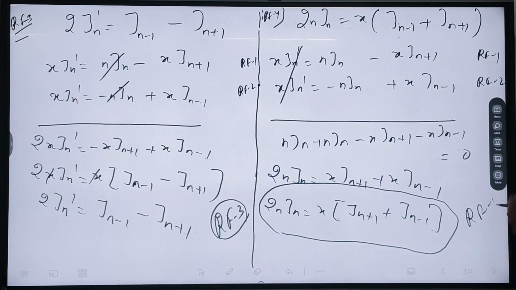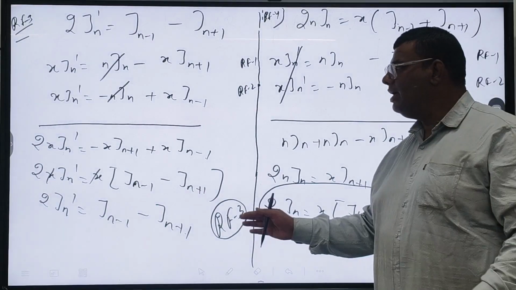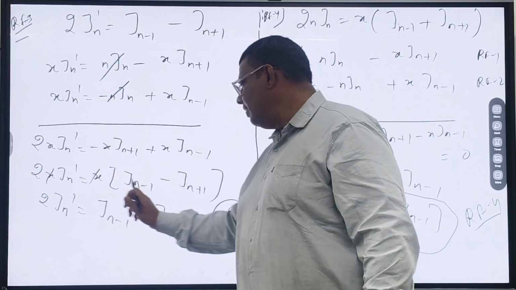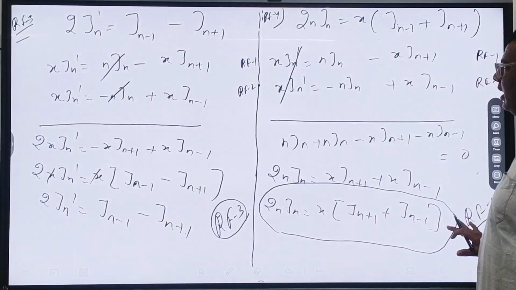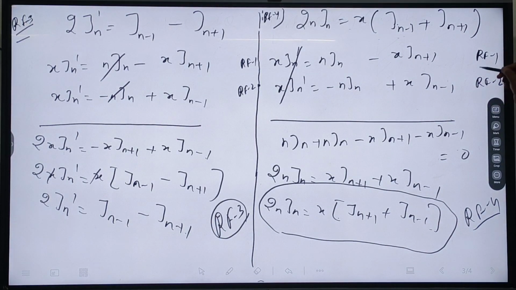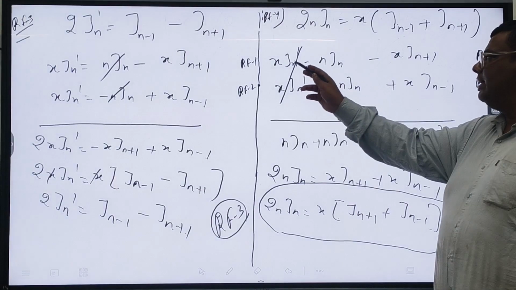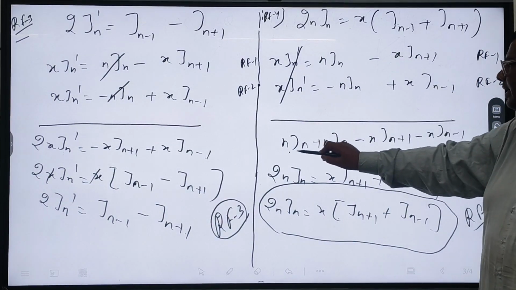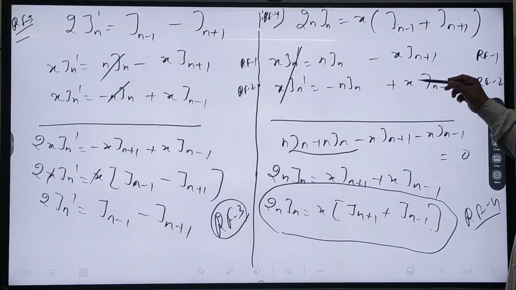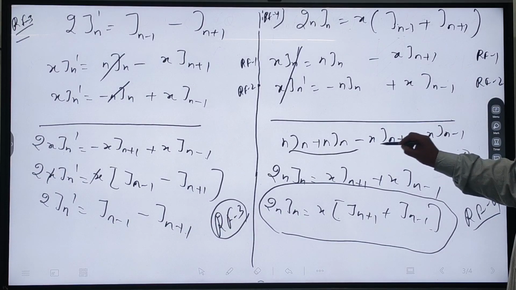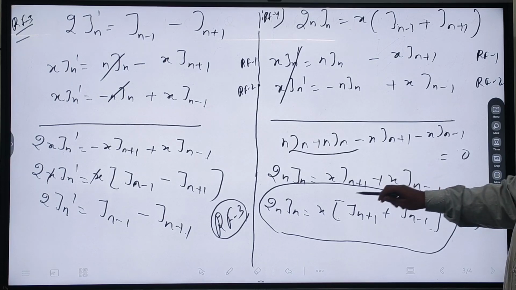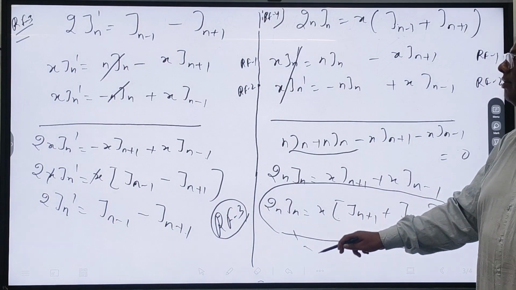So for RF3, what have we done? For RF3 we added RF1 and RF2, and then we got RF3. For RF4 we subtracted RF2 from RF1, where x J_n' was cancelled out, n J_n was added, and these two terms were subtracted. Then when we transferred these two terms to the right-hand side and took x common, we got RF4.